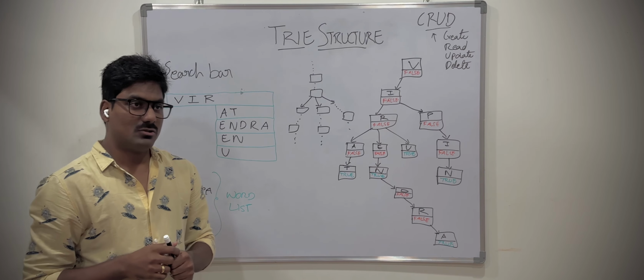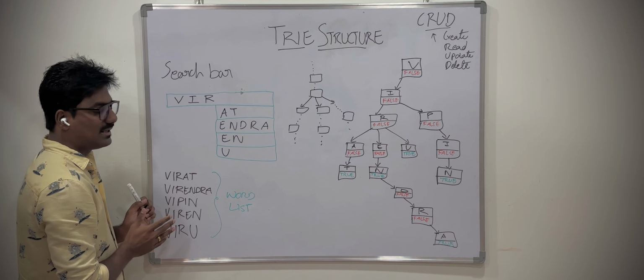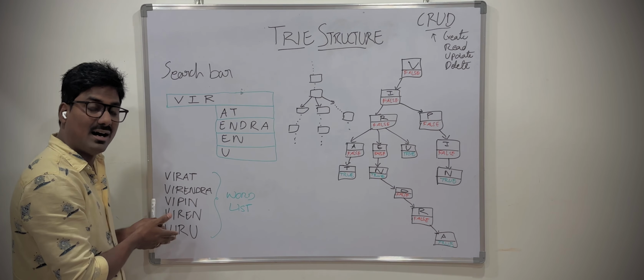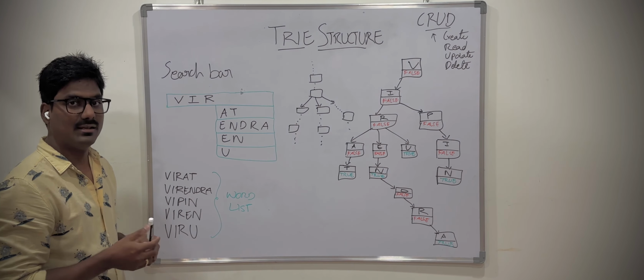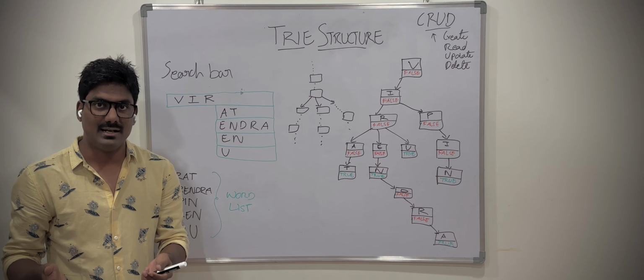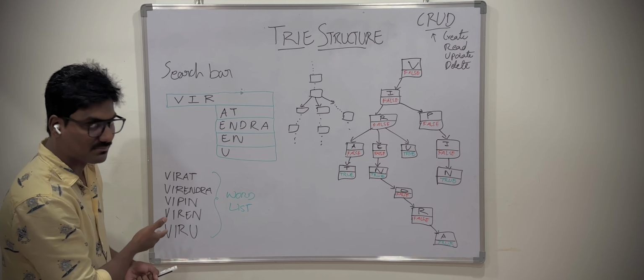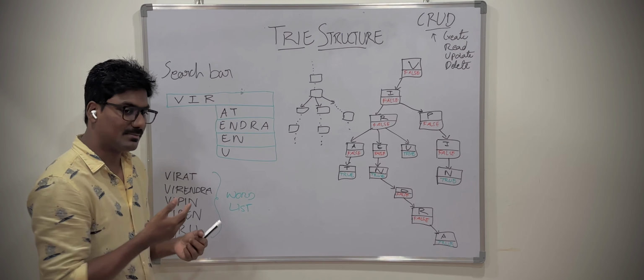When you do that, obviously these words will be in the database, as these are more prominent. In our day-to-day life we use these words, especially these names, especially in India.